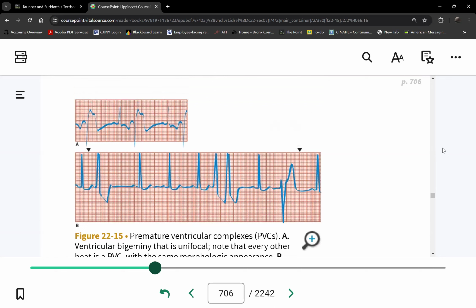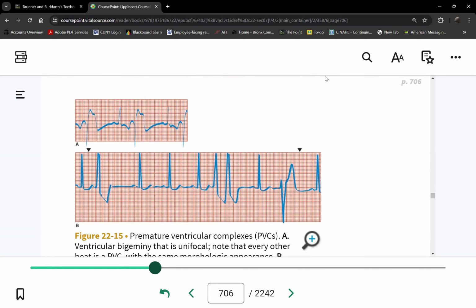PVCs can also have different patterns. For instance, this one is every other beat. Yeah, PVC, normal, PVC, normal, PVC. So if it's every other beat, we call it a bigeminy. That's bigeminy, meaning two, every other.